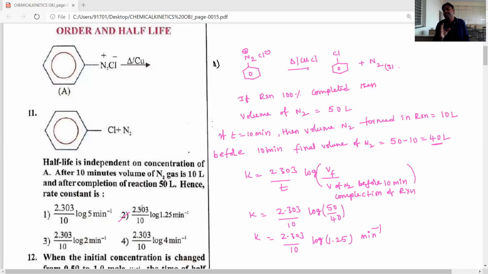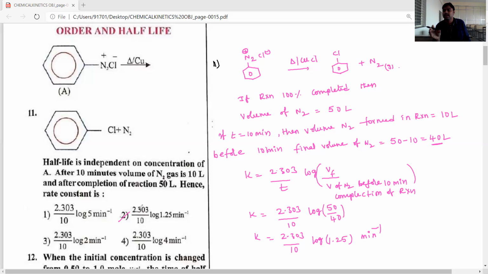Completion of the reaction may take 1 hour, and in 1 hour it forms 50 liters. But before that, at 50 minutes, the volume of N2 formed is 40 liters, and still 10 minutes remain for completion of the reaction.